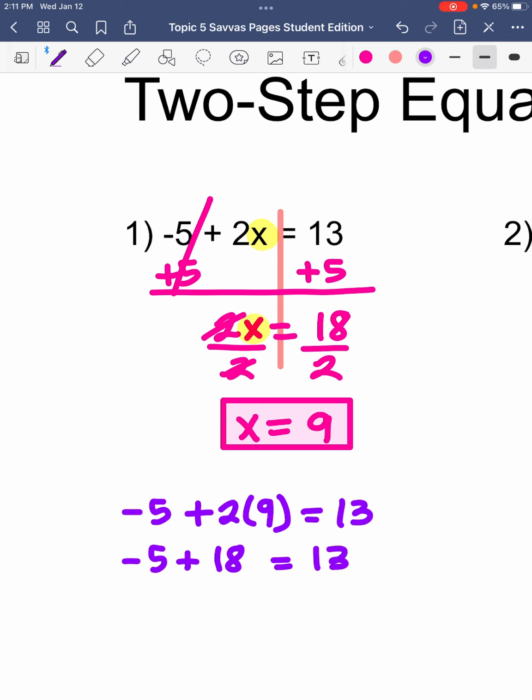Well, what is -5 plus 18? I'm adding integers with different signs, so I'm really going to subtract. 18 minus 5 is 13, and my bigger number was positive, so I need this to be positive. So 13 equals 13. It's the same number on both sides, so I know that my answer was correct.